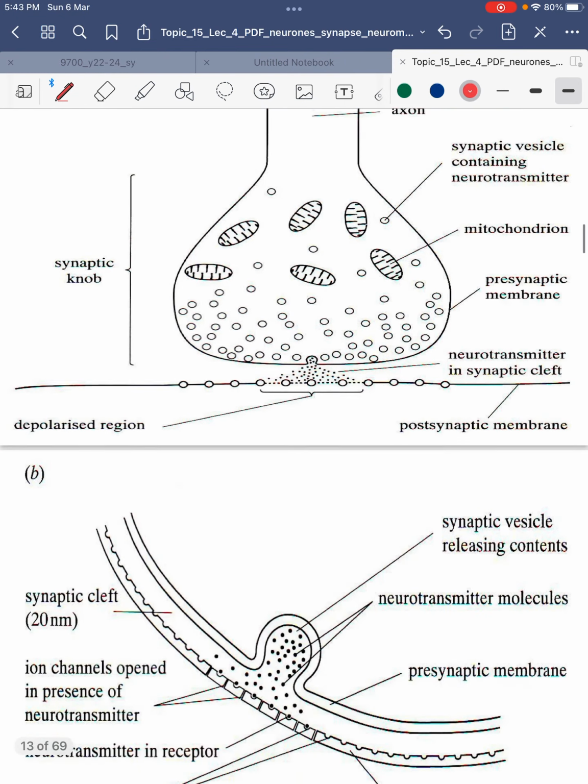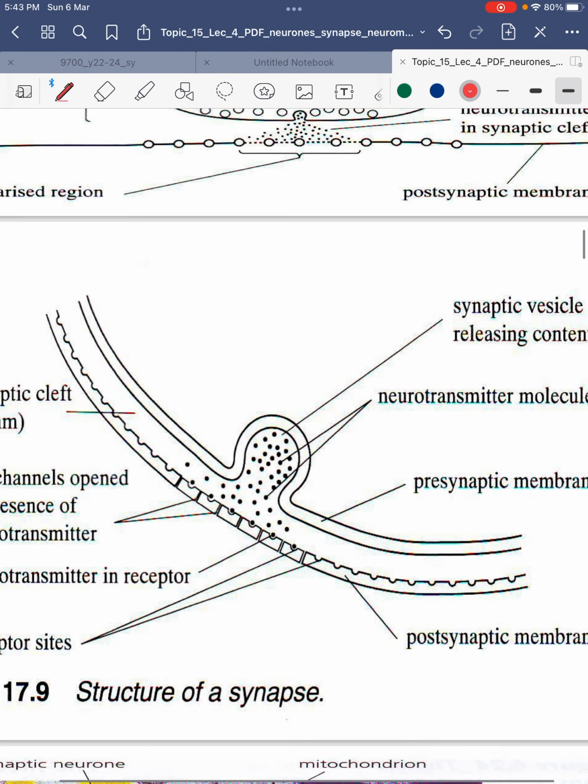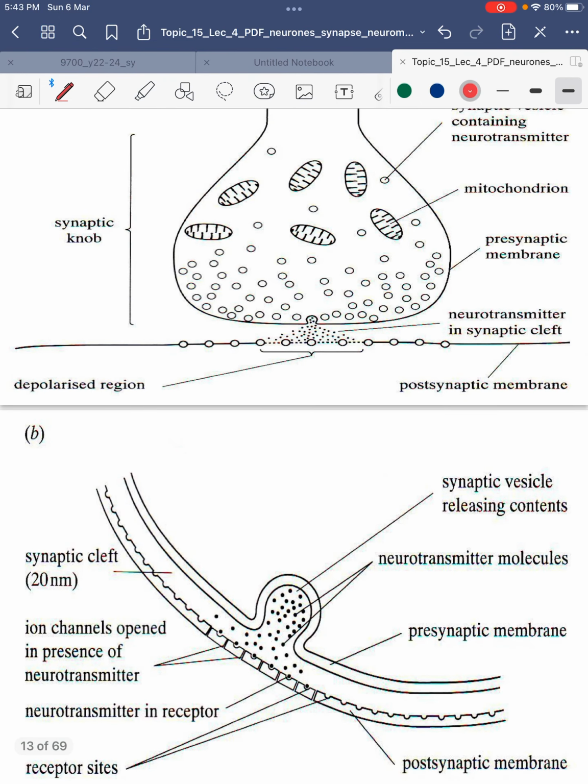Right, so this is also taken from a different textbook. Now I just want to highlight this area here. You can see this vesicle will fuse. All of these vesicles here will fuse with the presynaptic membrane. So the term fuse is very important, and the term exocytosis is also very important.